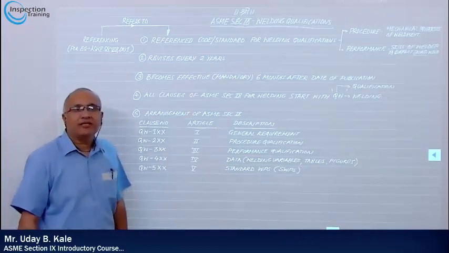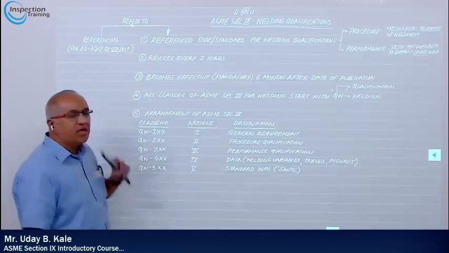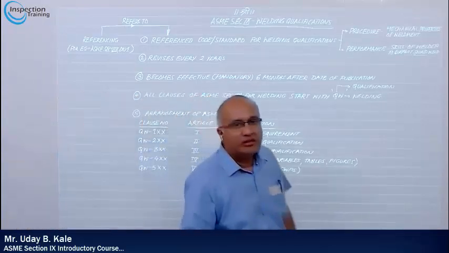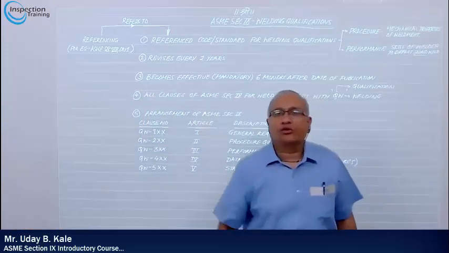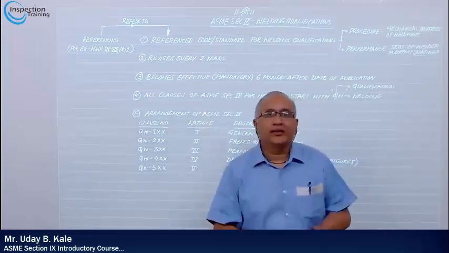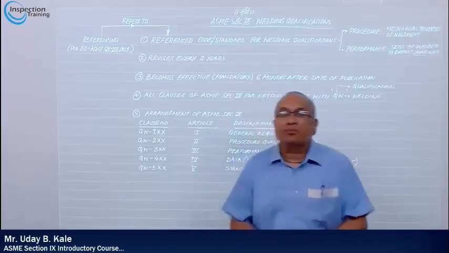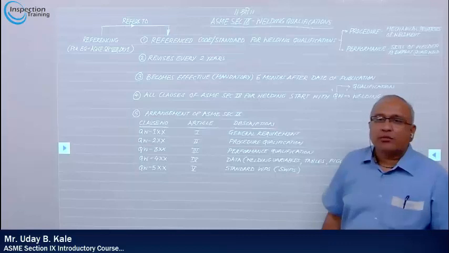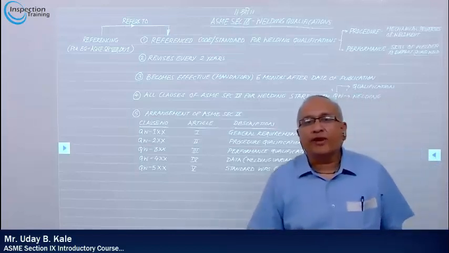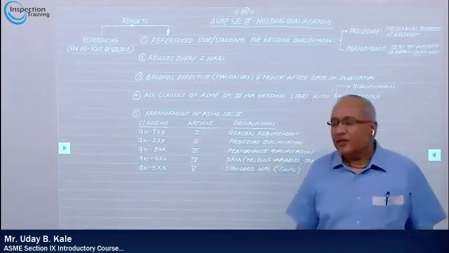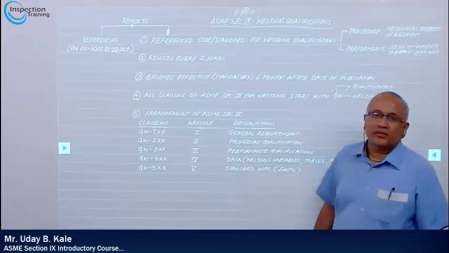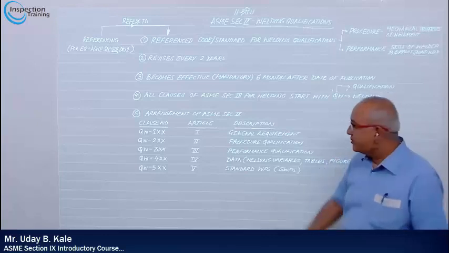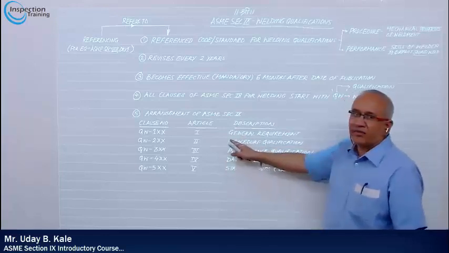So the moment I say QW 204 clause, just for example, then I would say it is pertaining to procedure qualification. The moment I say QW 451, then it is in data. The moment I say QW 153, it is in general data.